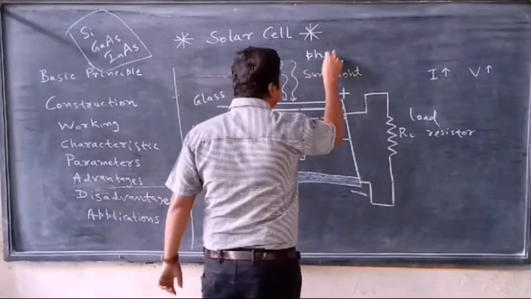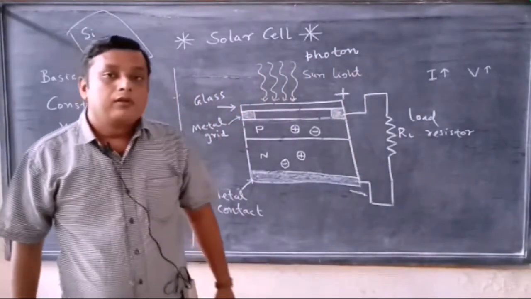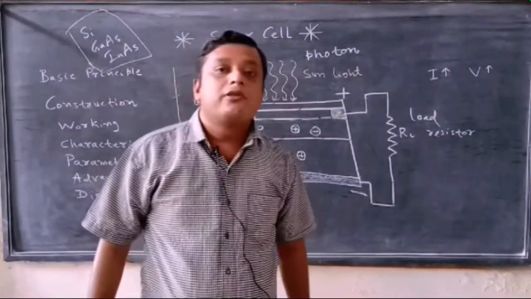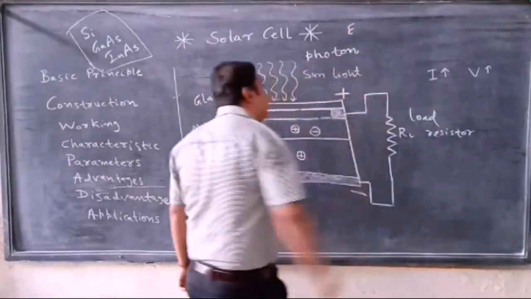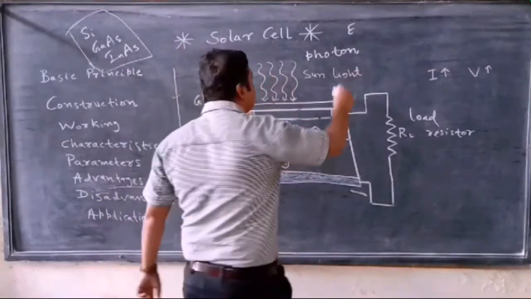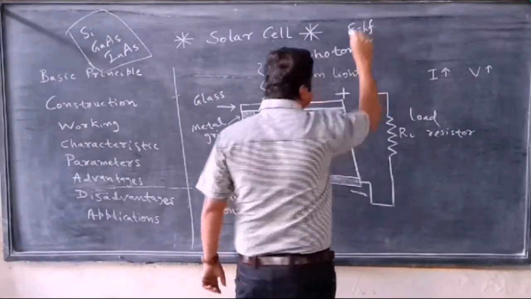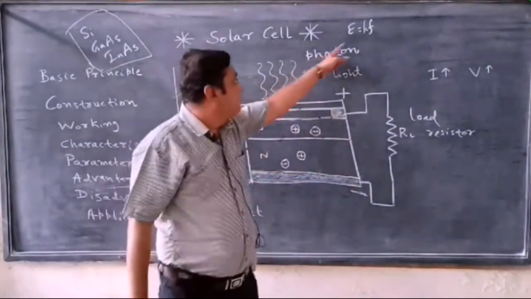So the energy which is coming out from the sun is represented by E, and the frequency of this light energy is f. So we can say that energy is equal to hf.